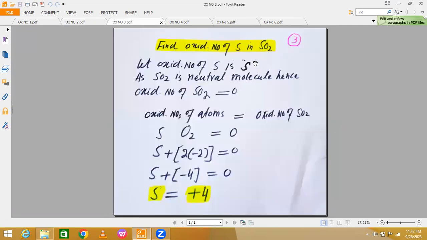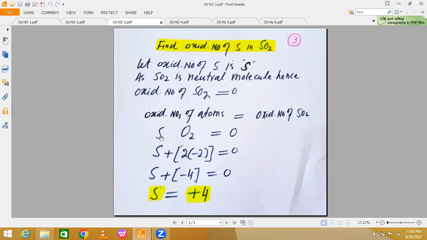Taking the example of SO2, we want to find the oxidation state of sulfur in SO2. The oxidation number of the sulfur dioxide molecule as a whole will be 0. So taking on the left side the oxidation numbers of the individual atoms in sulfur dioxide, that is sulfur and oxygen, and on the right side the oxidation number of the sulfur dioxide molecule, that is 0.